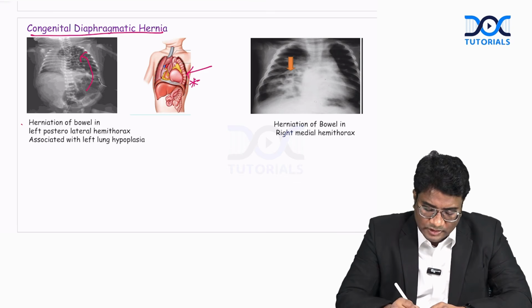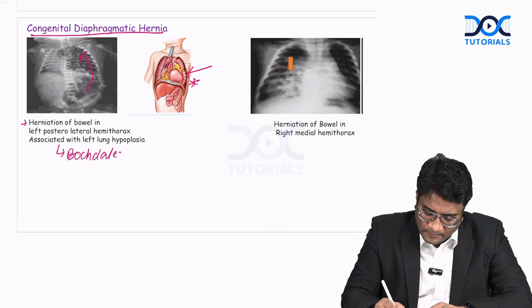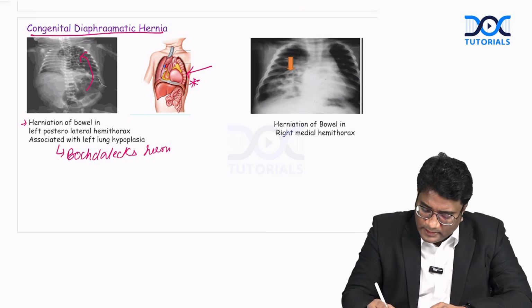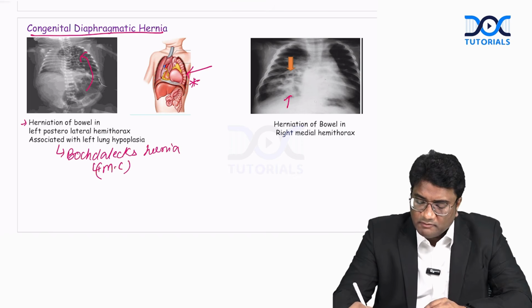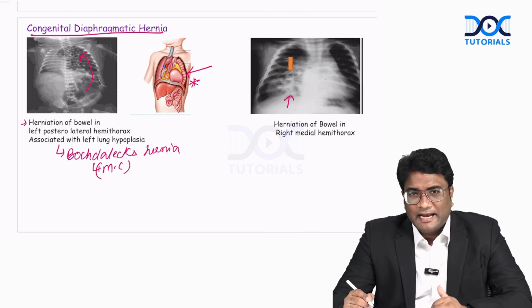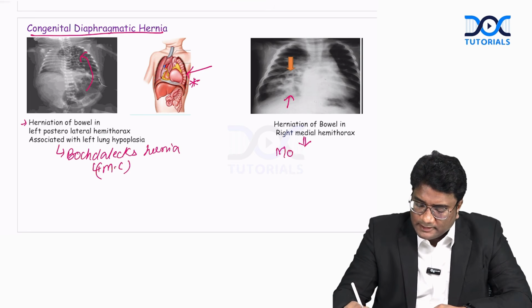All of this is suggestive of Bochdalek hernia. And Bochdalek hernia is more common. But if you see herniation of bowel loops on the right anteromedial side, this is what is called Morgagni hernia.